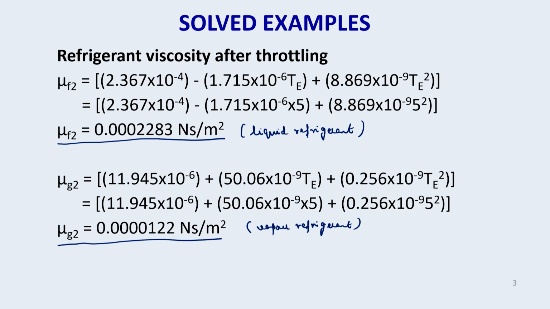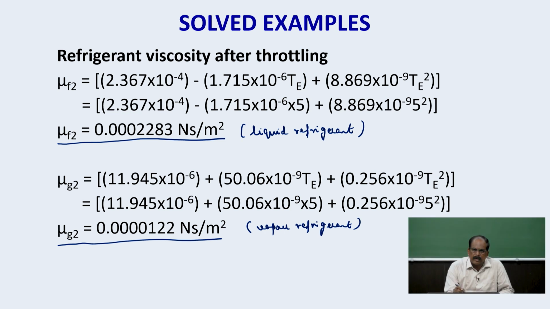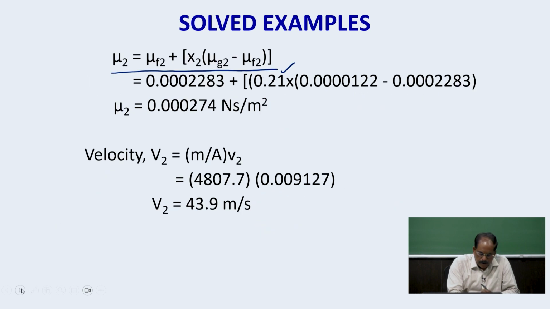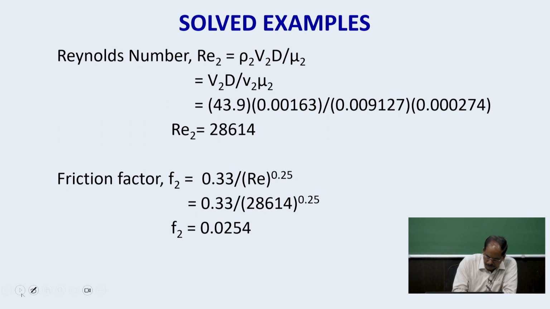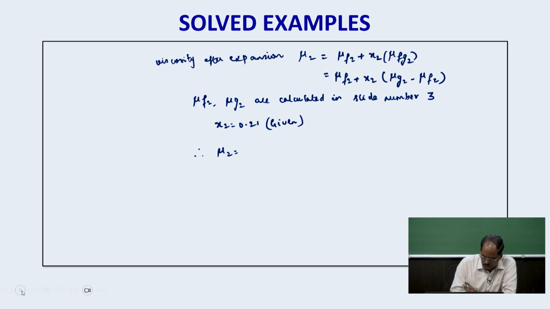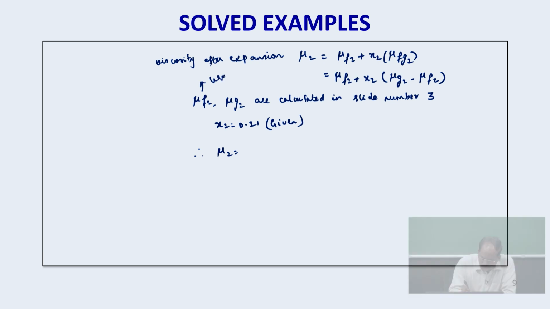After calculating the refrigerant viscosity, both liquid and vapor, we need to find out the viscosity of the mixture, which is in the two-phase region. So this is the liquid viscosity and this is the vapor viscosity. So mu F2 is the liquid viscosity and mu G2 is the vapor viscosity.